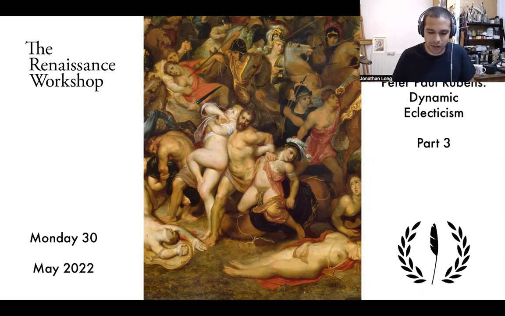We'll be looking at classical sculpture, and also at Caravaggio, because these are all very important to understanding how Rubens achieved his own visual language and how he put it all together. We're also going to be looking at some of his drawings, which we haven't done yet, which is going to be very exciting. So enjoy this whole workshop. It's going to be very, very fun.